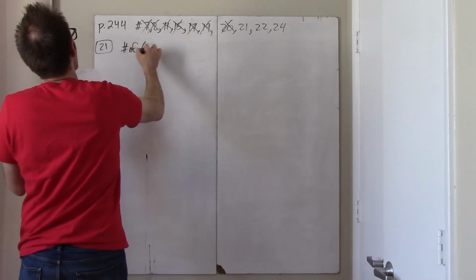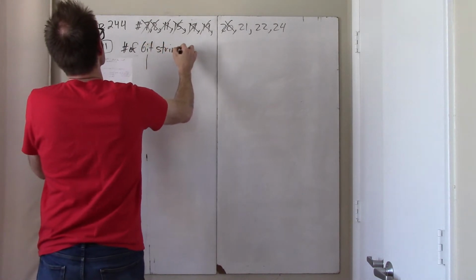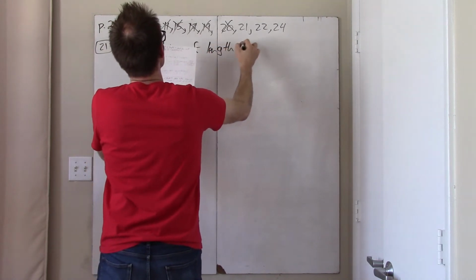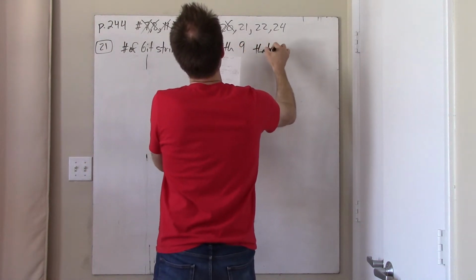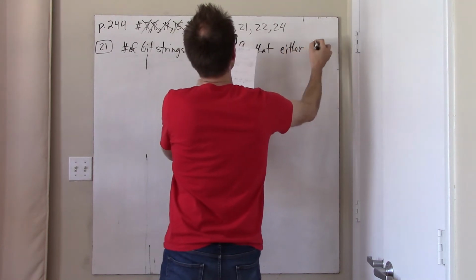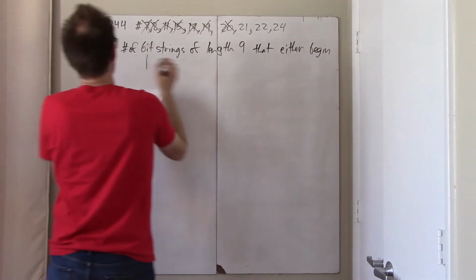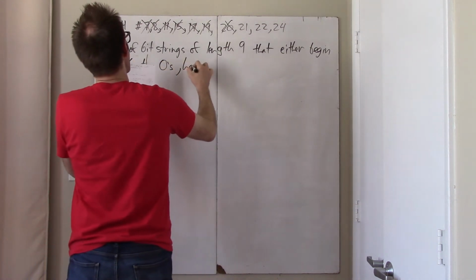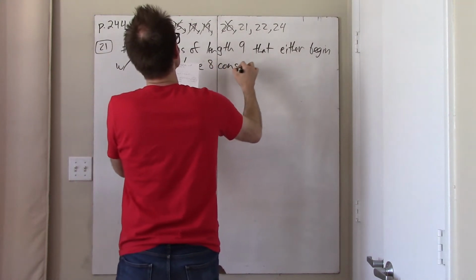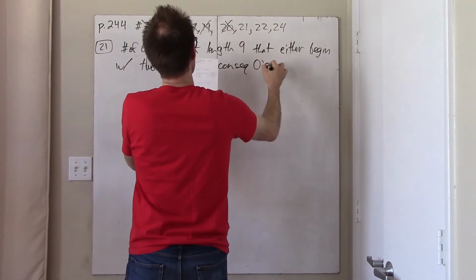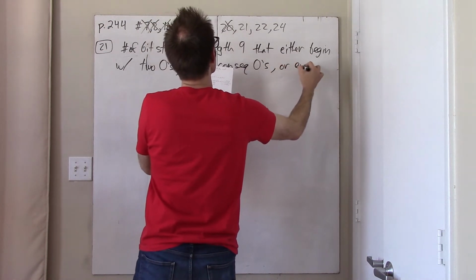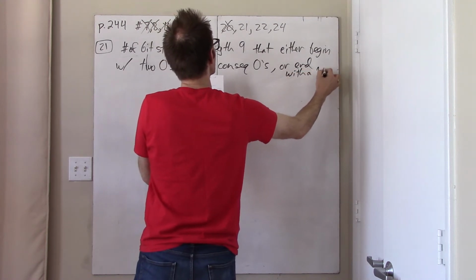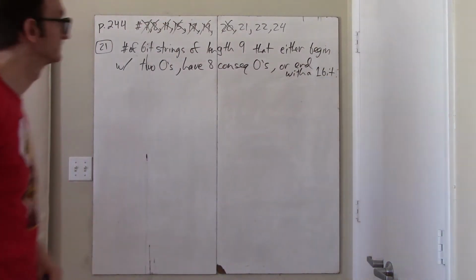I want the number of bit strings of length 9 that either begin with 2 zeros, have 8 consecutive zeros, or end with a 1 bit. Okay. Yikes.